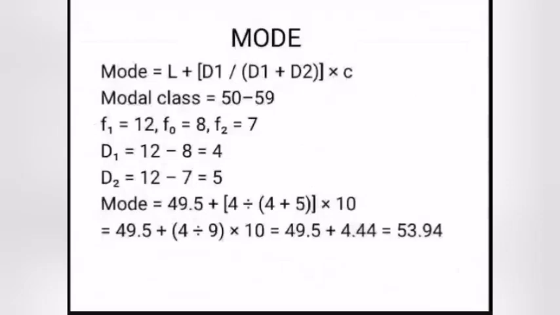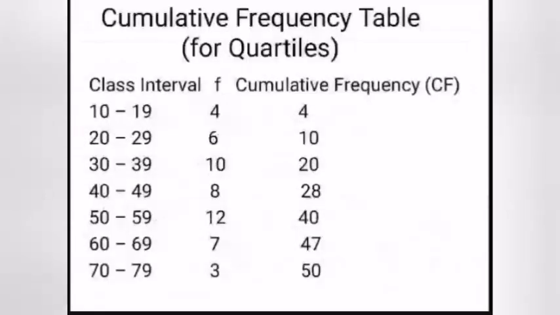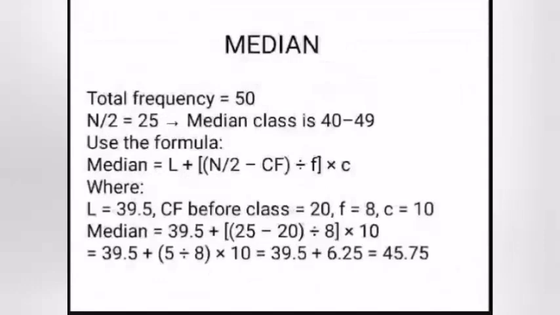Then the next thing we're going to find is the frequency. We're going to use the frequency of that class. The frequency of class 40 to 49 is 8. Then the class interval is 10. So we'll put it in our formula and solve it out. That's 39.5 plus 25 minus 20 divided by 8, all in bracket, times 10.